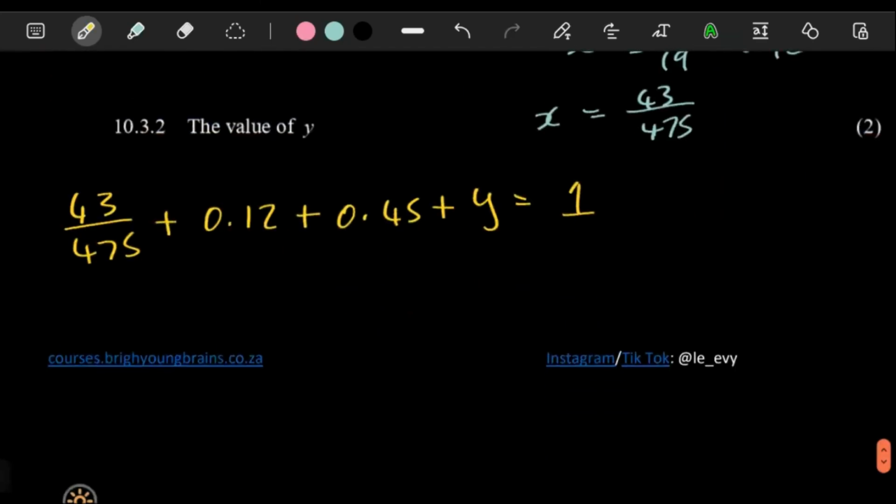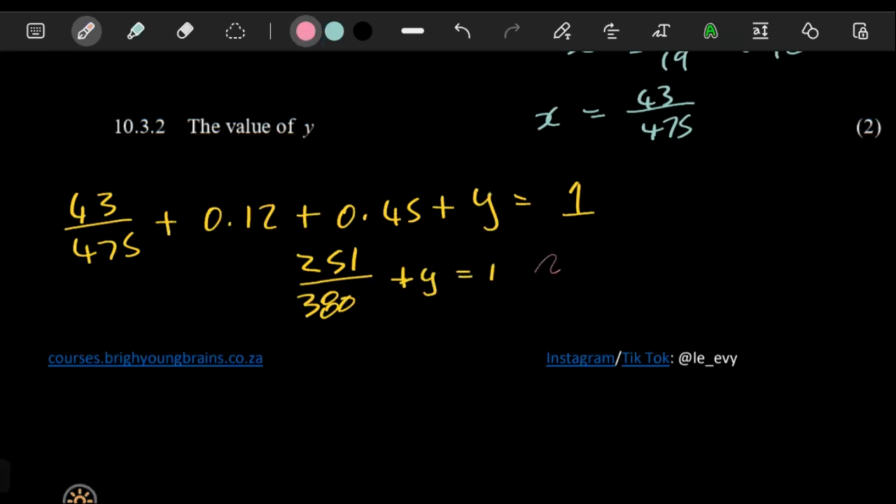To get y, we can add all the numbers together first and then move them to the other side. So 43 over 475 plus 0.12 plus 0.45, everything put together, is 251 over 380.